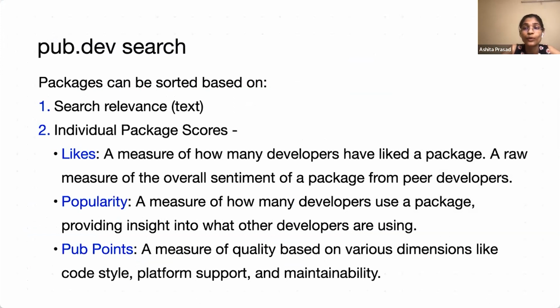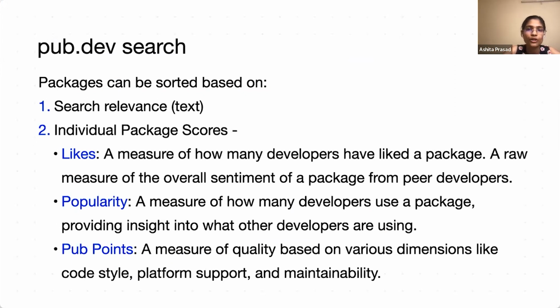So before understanding why search at pub.dev did not work, let us take a step back and try to understand how search at pub.dev actually works. So search on pub.dev is completely text-based and it is based on individual package scores. Now your individual package scores are based on three parameters: likes, popularity, and pub points. So what is likes?